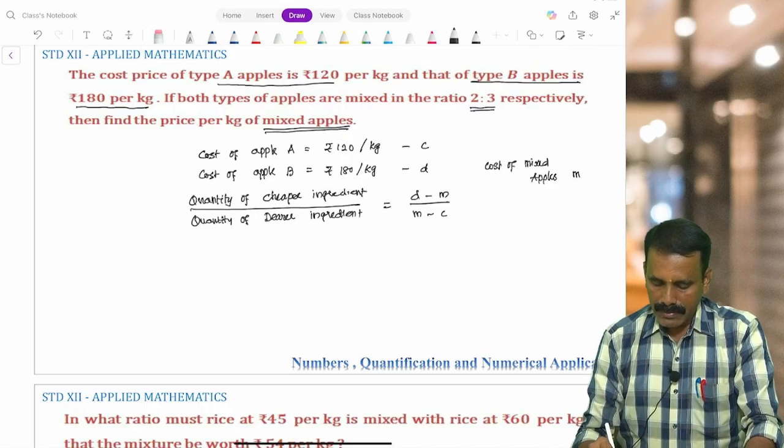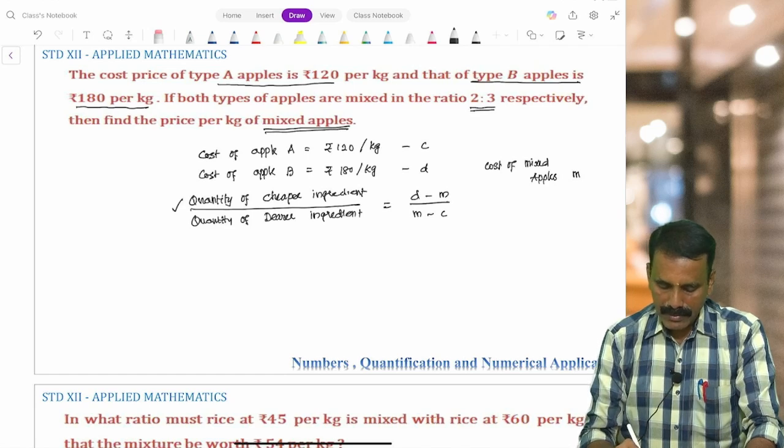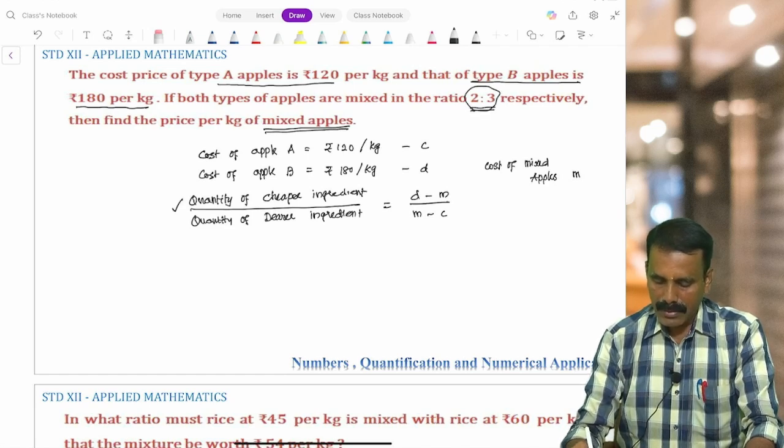And the ratio now it is given to us. The ratio is given to us already. It is given to be 2:3.